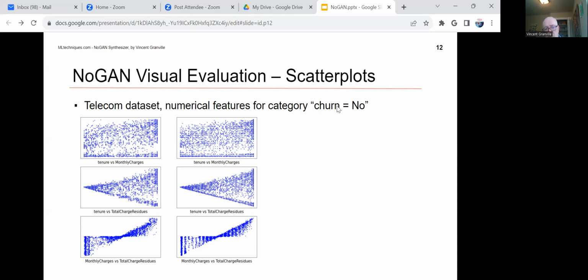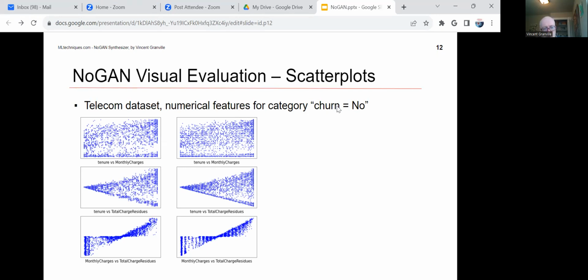The total charges was a challenging feature for both GAN and for other synthetization methods, because it's obviously highly correlated with the monthly charges. So one of the things that I did with GAN, but I've also applied it here, is to use a transformation of those total charges to remove or reduce the correlation with the monthly charges.